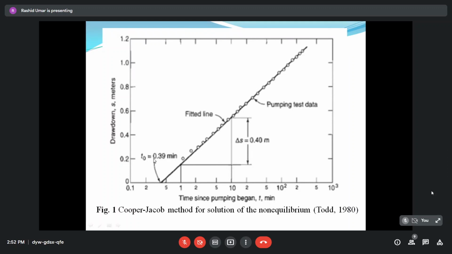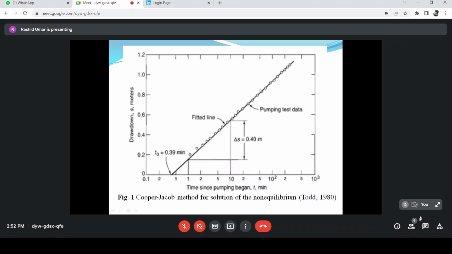Now what we have to do is plot time versus drawdown data onto this. Time we select on the log scale and drawdown on the arithmetic scale. So for every time, for 1 minute, for 2 minutes, whatever the timing, it depends on how you have taken the reading, you plot the drawdown.